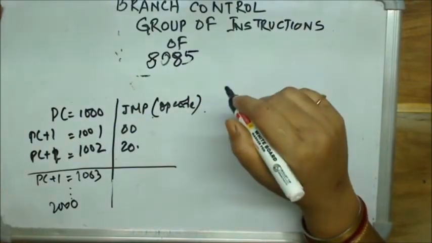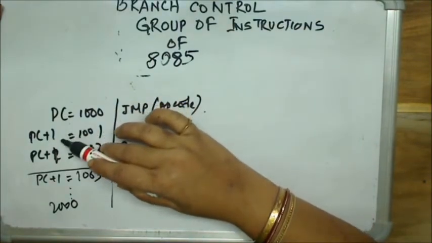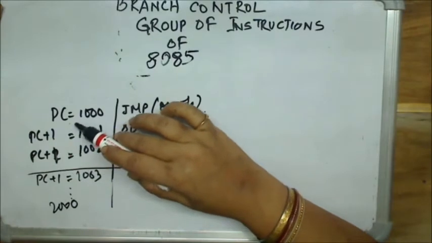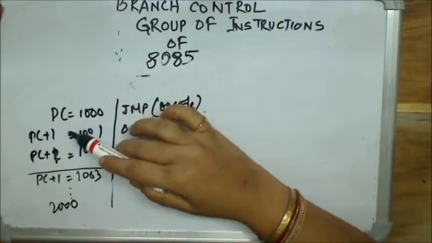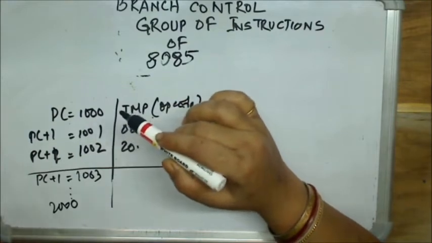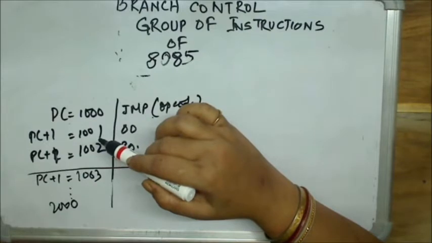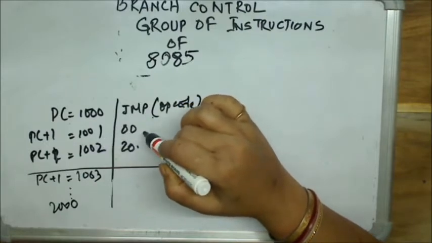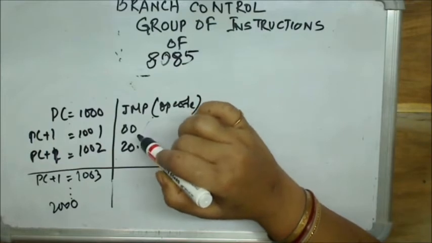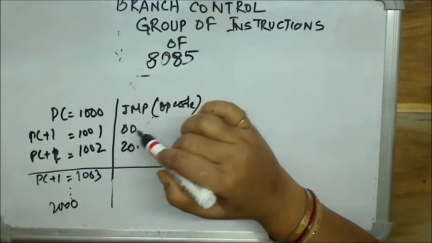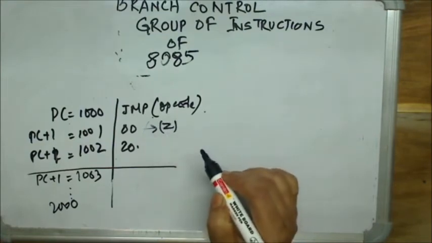The moment jump was fetched, the PC was incremented by 1, that is, 1000 has become 1001. Then the microprocessor will fetch 00, and 00 will be stored in the Z register.